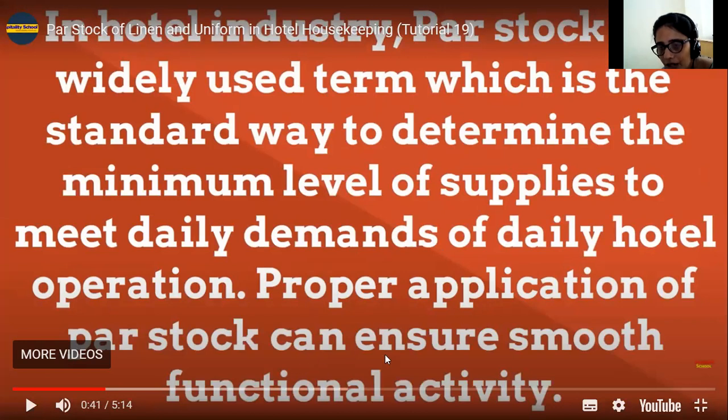Proper application of par stock can ensure smoother functional activities, right?